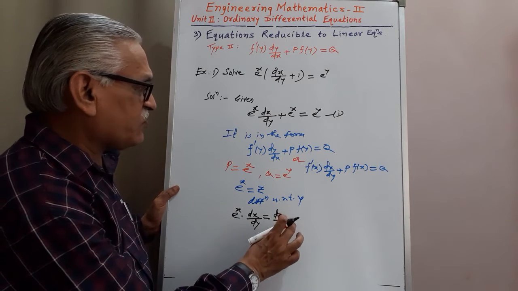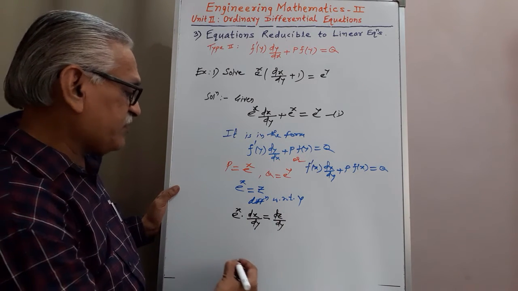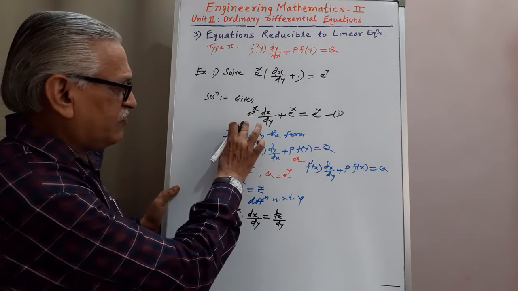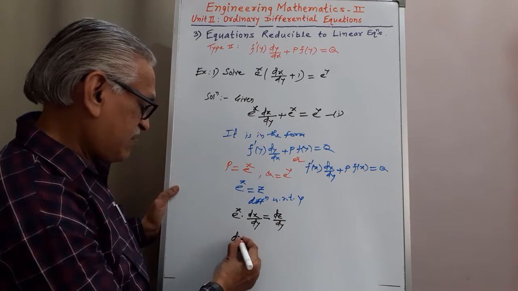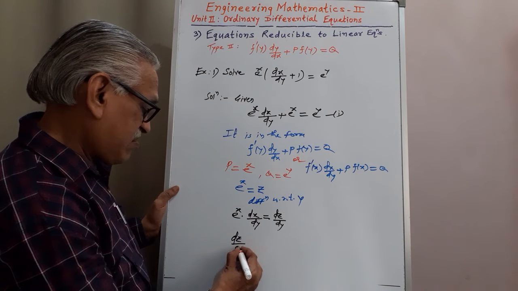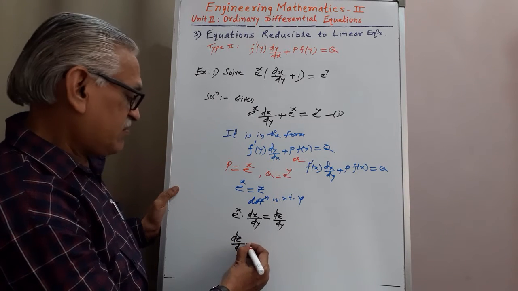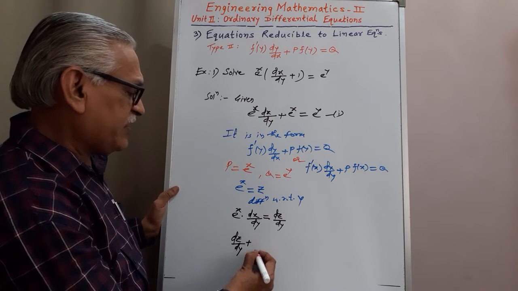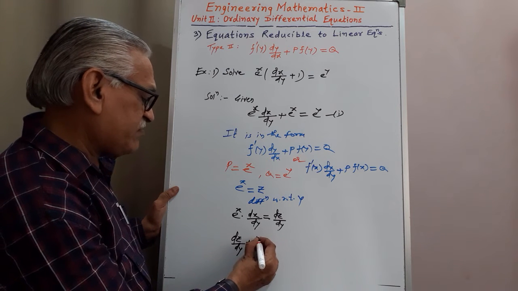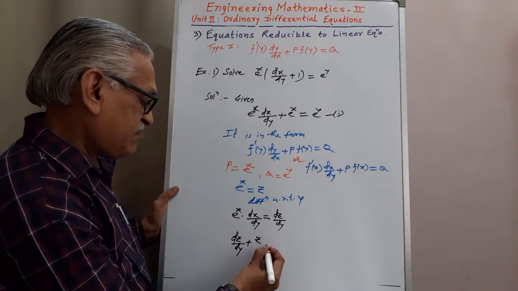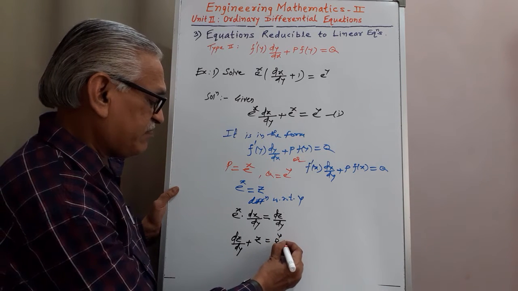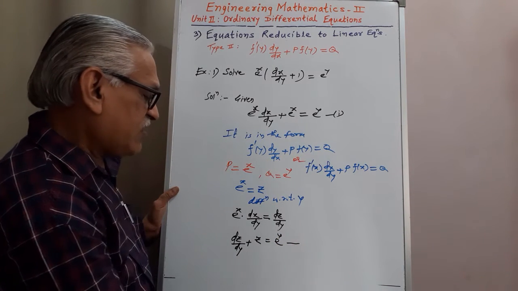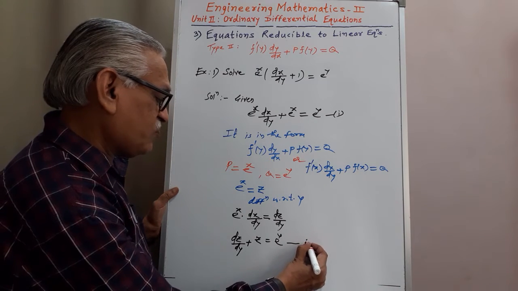Substituting this in equation 1, it becomes: we replace this term by dz by dy plus e raised to x, which is z, is equal to e raised to y. We call this equation number 2.